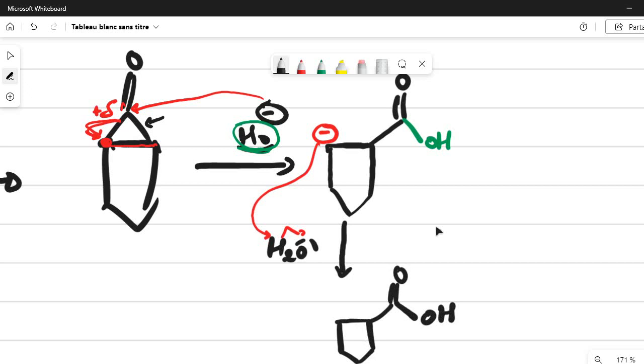The same thing applies for other nucleophiles: if we change OH to NH, or for example NH minus, we're going to form NH here.